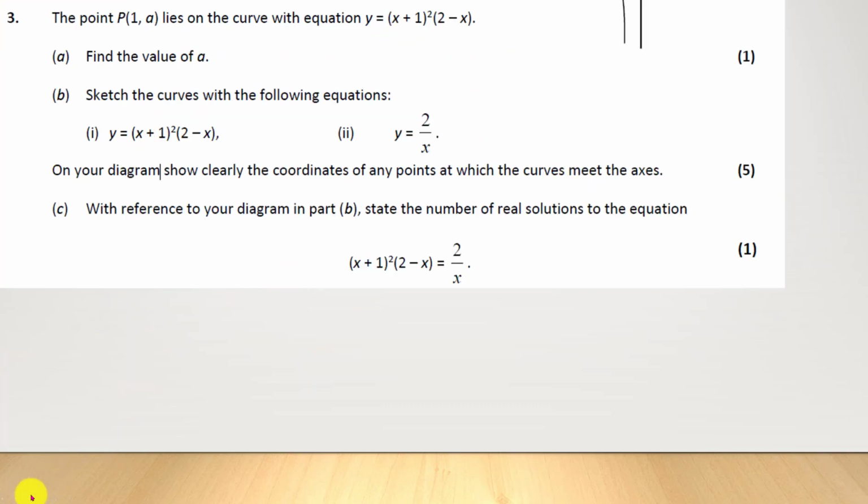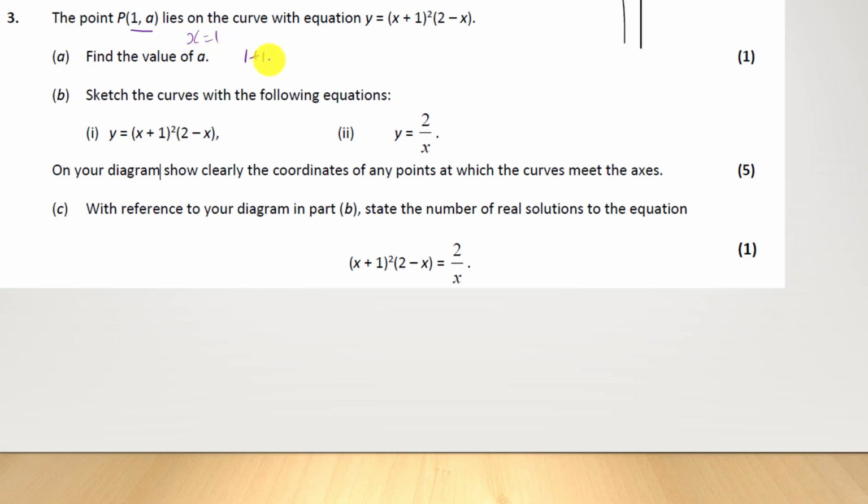We'll have a read of this question. We've got this point, (1, a), lies on the curve with this equation. Find the value of a. And we need to sketch these curves eventually. Well, because you've got this coordinate, you've got x equals 1. Just substitute that in.